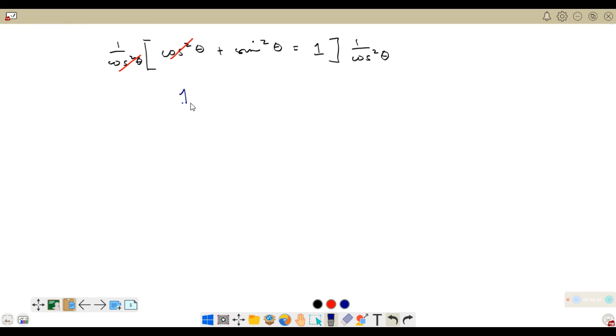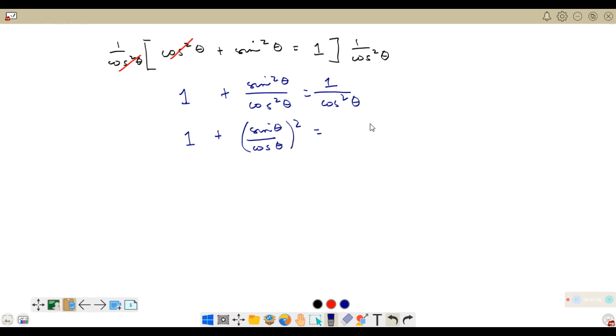So, we have 1 plus, dito, sa kabila, we have sine squared theta over cosine squared theta. And finally, dito sa dulo, we have 1 over cosine squared theta. We can write this as sine theta over cosine theta na naka-square. Tapos ito, 1 over cosine theta na naka-square din.